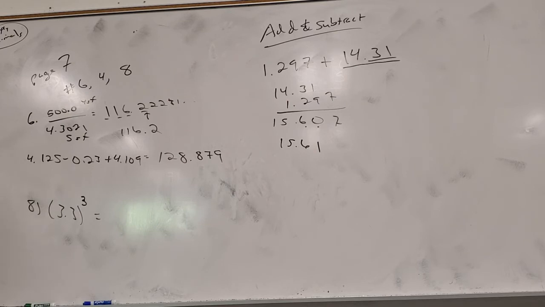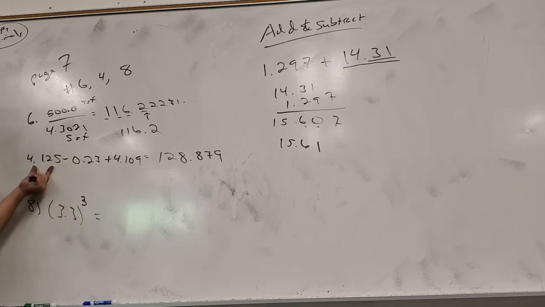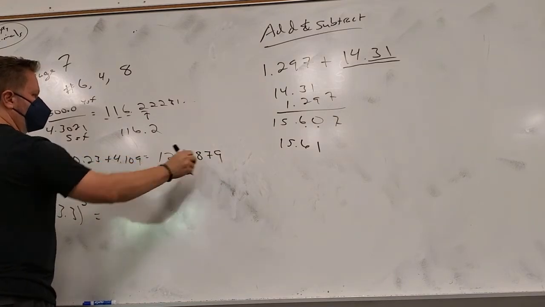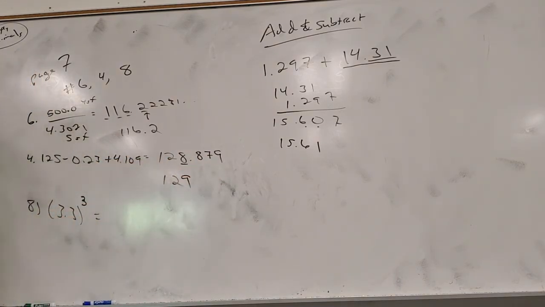Who has the least decimal places? One has 3, one has 2, and one has none. So my answer should have none. I want to round to this place, with none of this stuff. So it'll be 129.